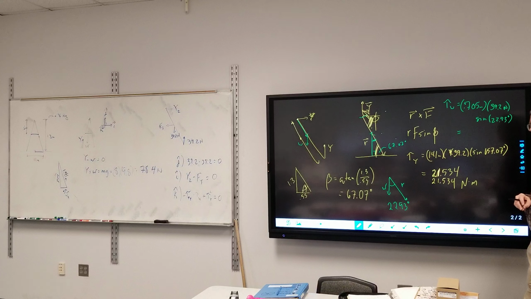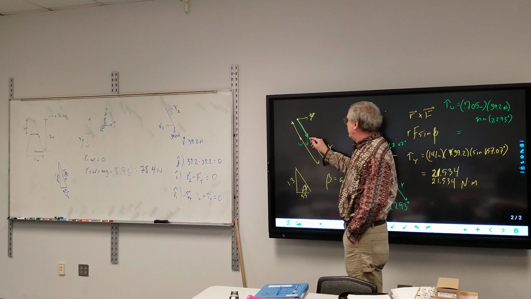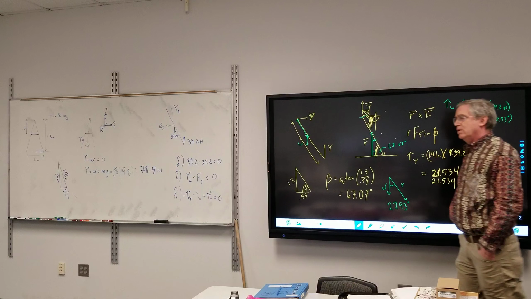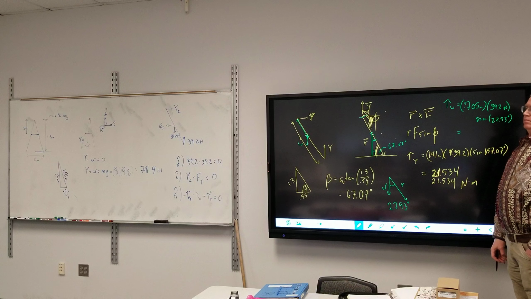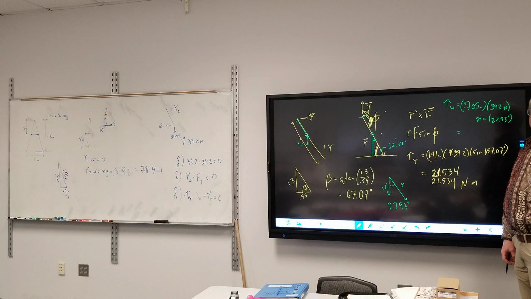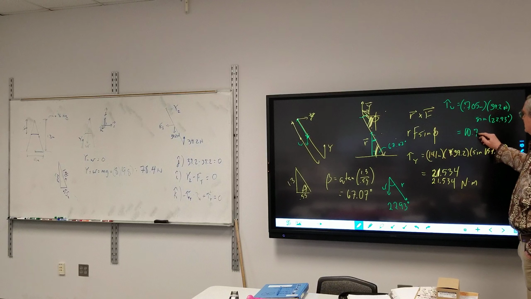And someone's about to reveal that answer. 0.705 came from the distance from the center of mass to the top point. It's half of the total length. So we took 1.41 divided by 2. Yep, and that's what I got. And the answer is 10.767.